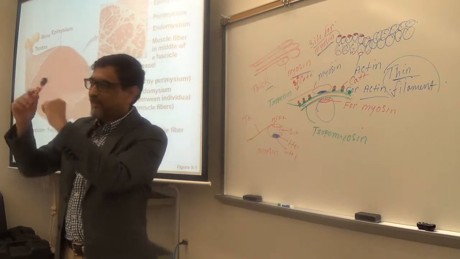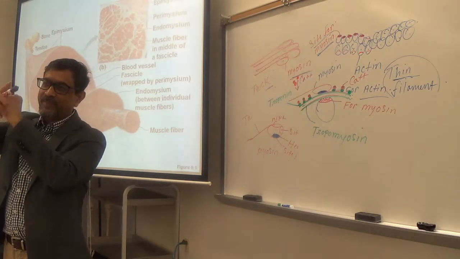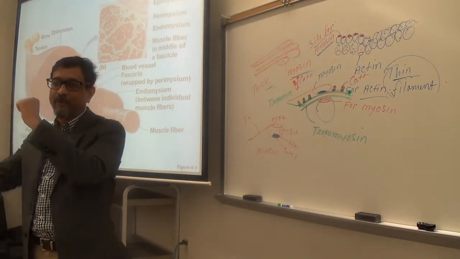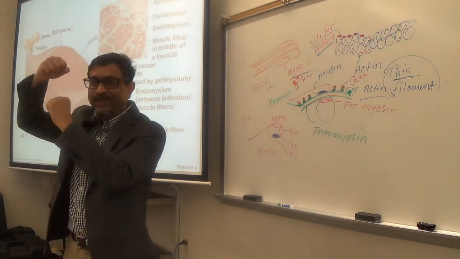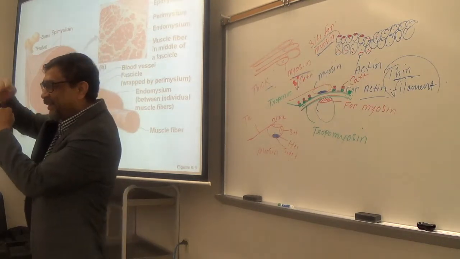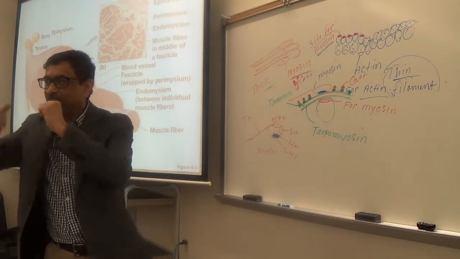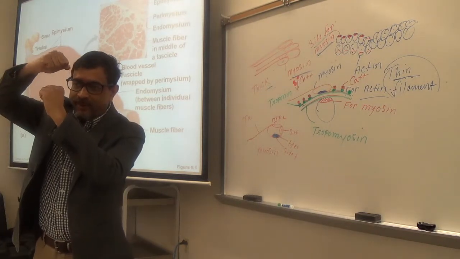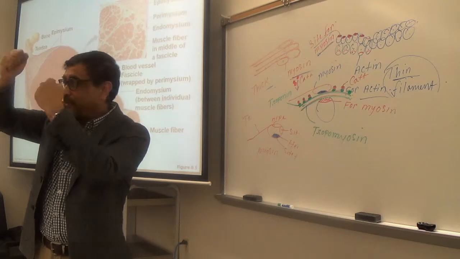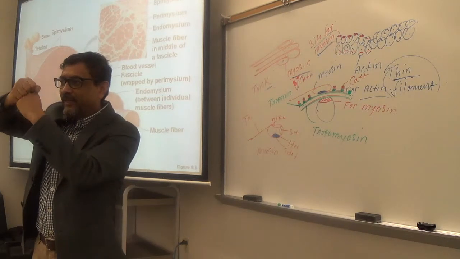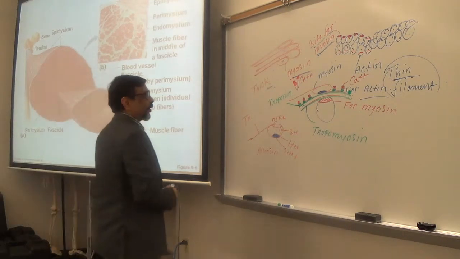Make sense? Now, if the rope is taken away from here, what will happen? The myosin head was waiting, right, to get attached to the actin ball. So when the rope is displaced to the side, the myosin head will now get what? Attached to the actin ball. Because they have sites for each other, right? So they will get attached.